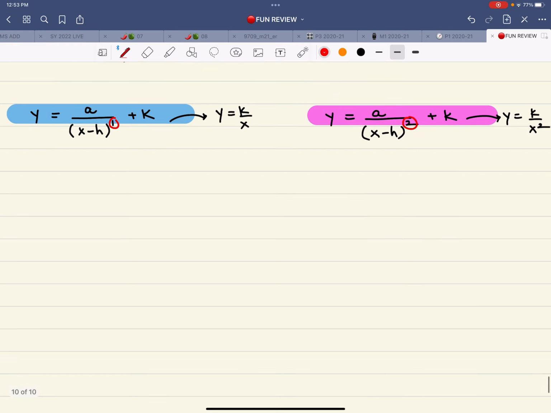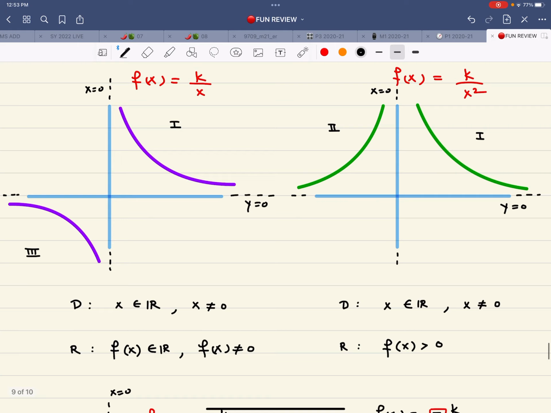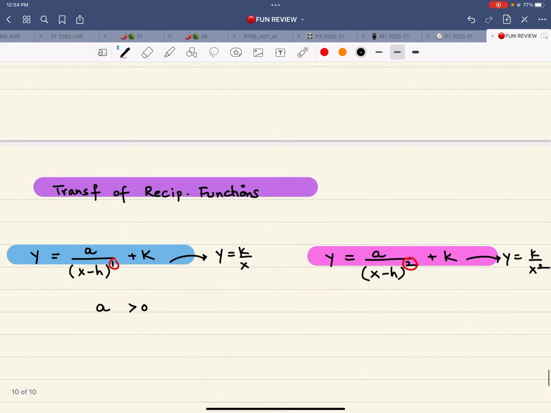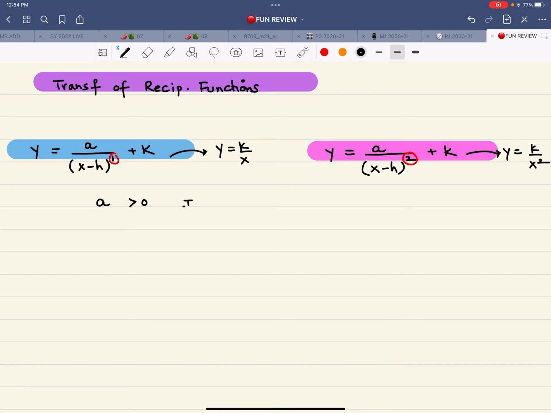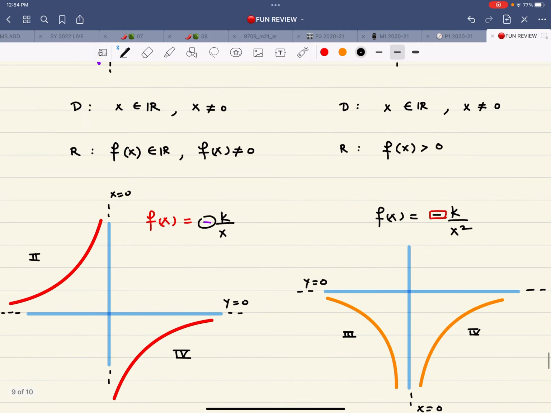What is a? a just tells you the steepness. If a is positive, for example in this one, you don't have to actually write it down, but remember it: first and third quadrant. So if a is positive, this is first and third. Naturally, if a is negative, that would be fourth and second. So let me write this as second and fourth.